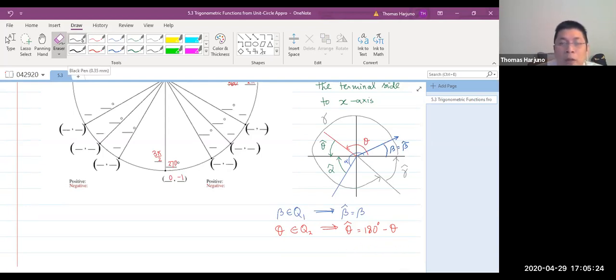Now, what happens if the angle is in quadrant 3? Like the one we have here, that's angle alpha.